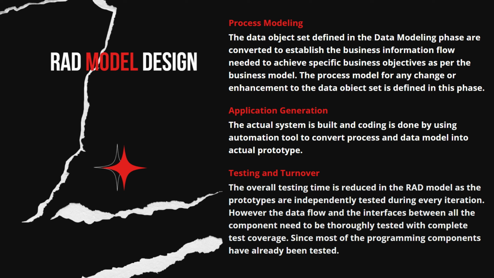Next, application generation. The actual system is built and coding is done by using automation tools to convert process and data models into actual prototypes. And the last one is testing and turnover.